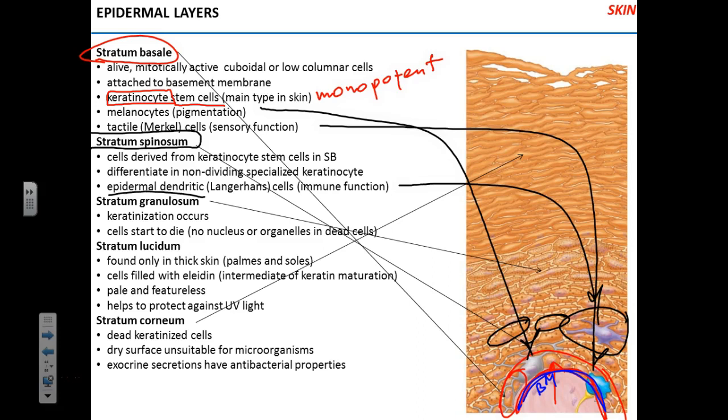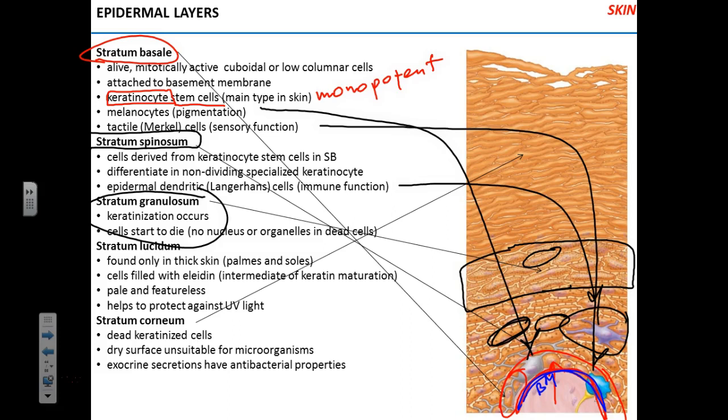Next, you've got stratum granulosum. If you compare the cells in the stratum granulosum to the cells in the stratum spinosum, you'll notice that cells become even more flattened, more squamous, and if you look really close, the nucleus starts to fade away.